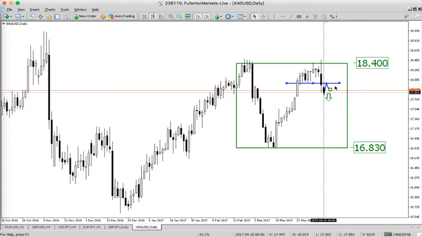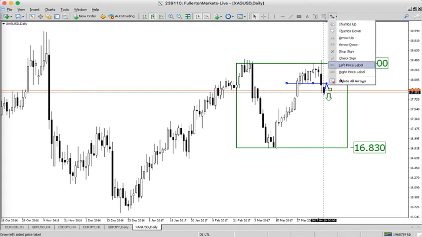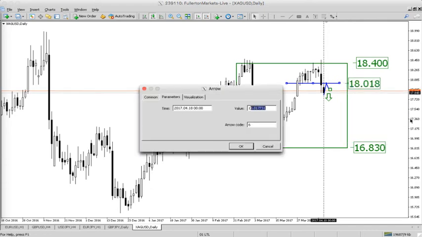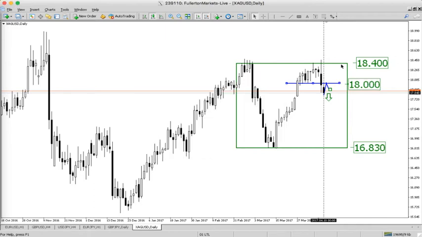Or you prefer to refine your entry by looking at the lower time frame and wait for a retracement back to the possible resistance, which is around the $18 level. Quite a round number, and if it pushes down again, that would be the signal for me to go short. So that would be the silver.